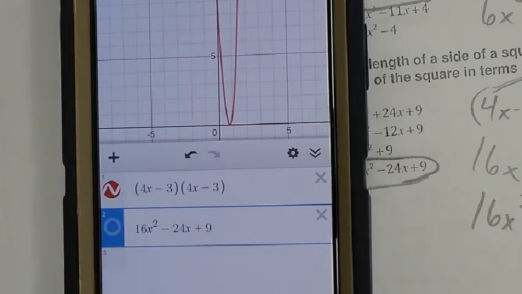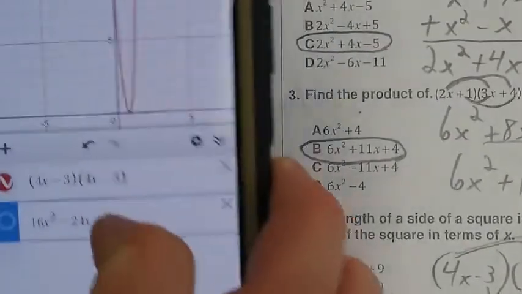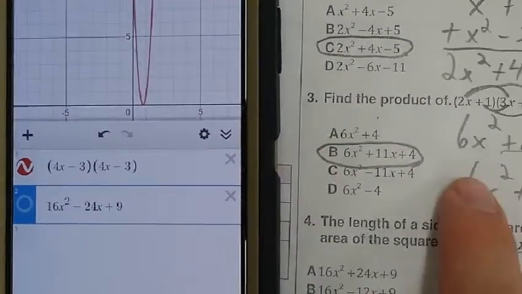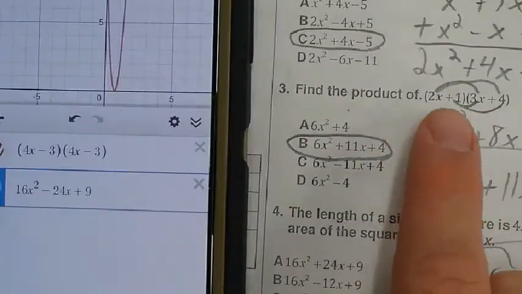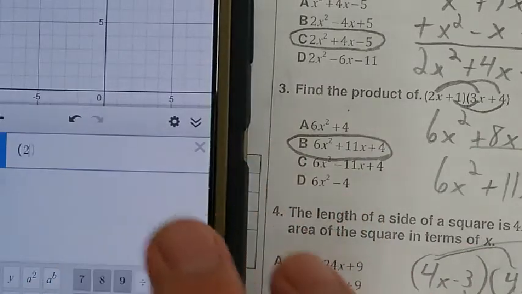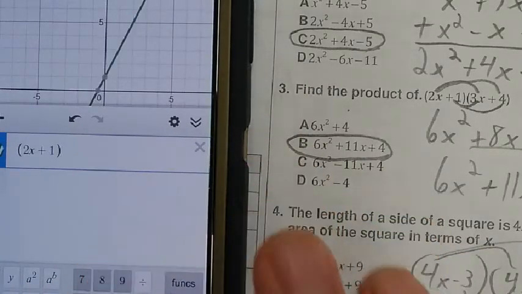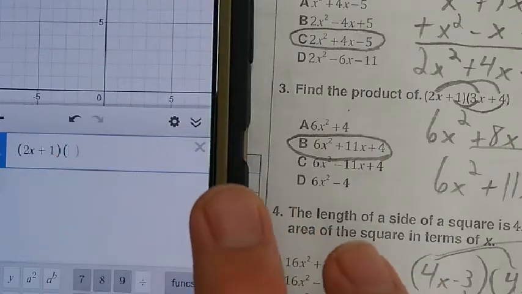So isn't that cool? So literally, you could straight up forget how to do everything we did by hand. And if you use Desmos and just check each one of your answers, like this one, I'll just do the correct answer choice on this one. So 2x plus 1. The reason I'm showing you this is I feel like some of y'all would be more likely to remember this method than doing it by hand.